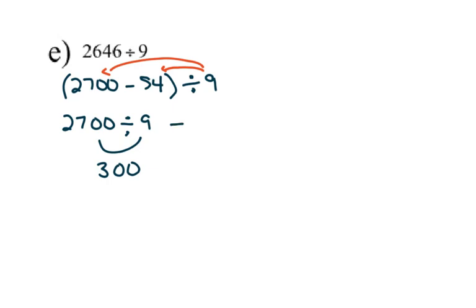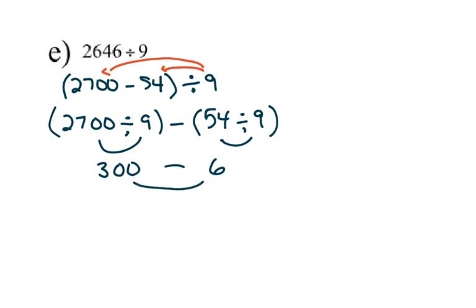And then we'll have the 54 divided by 9, and that is 6. And so we have 300 minus 6, and that will give us 294.